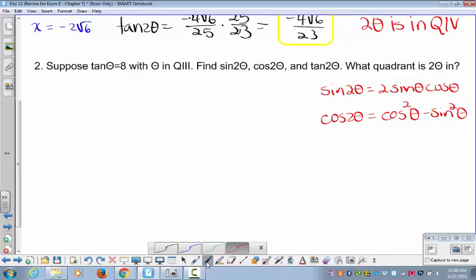Those are our two identities that we have to use. Raise a wing if you need help.